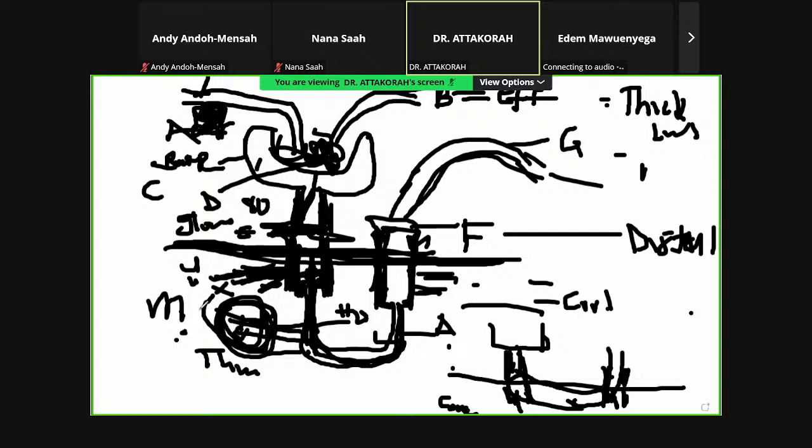When you have these two issues, it could lead to a situation whereby water will rather be moving from the medulla into the loop of Henle. And this could lead to what we call urinary incontinence. A renal patient, fine, but having urinary incontinence.